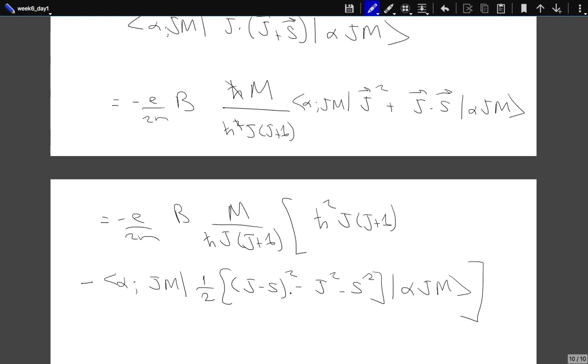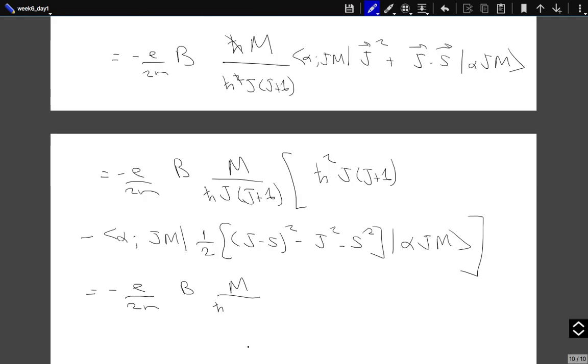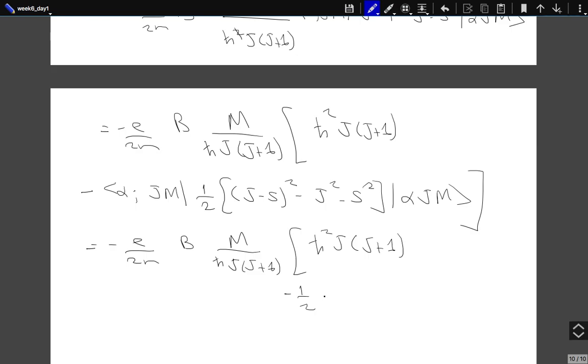If we just open up the parentheses, this is j squared minus 2 j dot s plus s squared. The j squared and s squared cancel, and minus 2 and minus 1 over 2 cancel. What I remain with is plus j dot s. And this will be equal to minus e over 2m B m over h bar j times j plus 1, h bar squared j plus 1 minus 1 over 2.